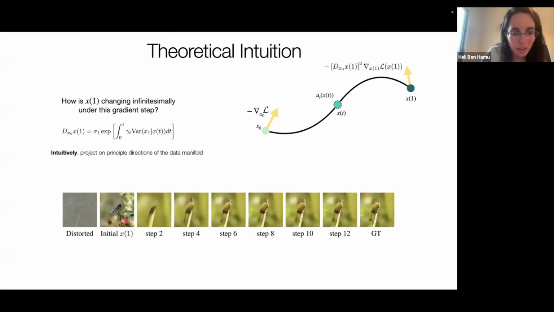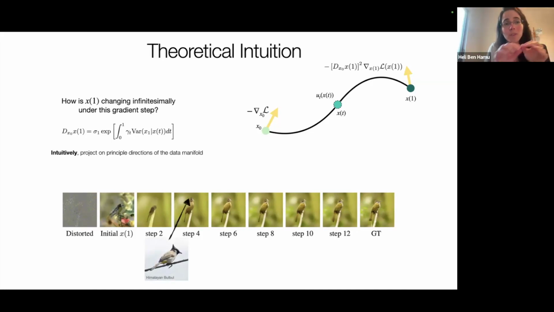For example, the initial bird and the end bird do not have this triangle shaped head, but in step 4, I think, and also in step 6, we go through some bird that has this triangle shaped head. I looked into this species of birds in this class of ImageNet, and there actually exists one called the Himalayan bulbul, and it does have this triangular shaped head.